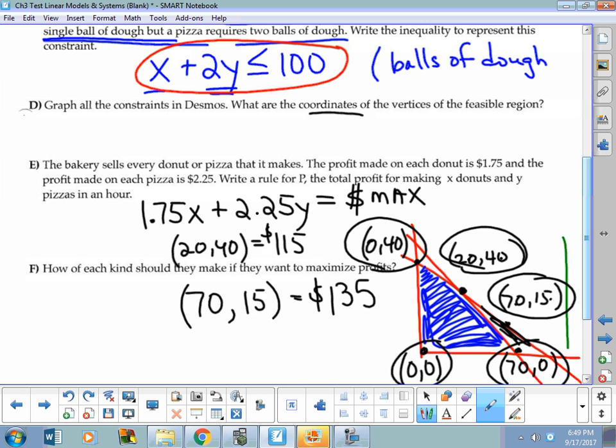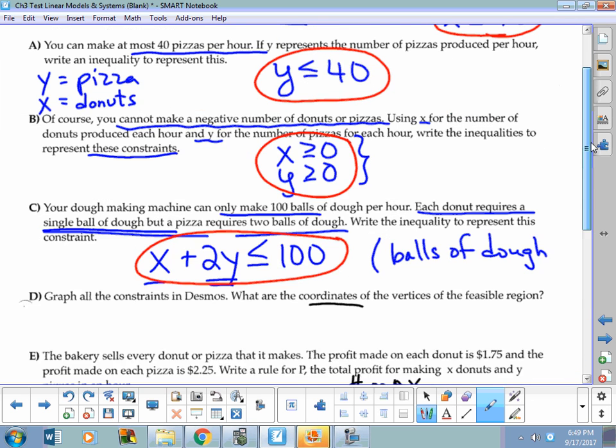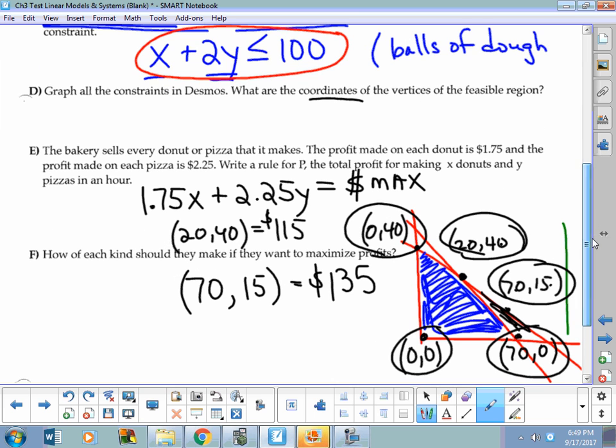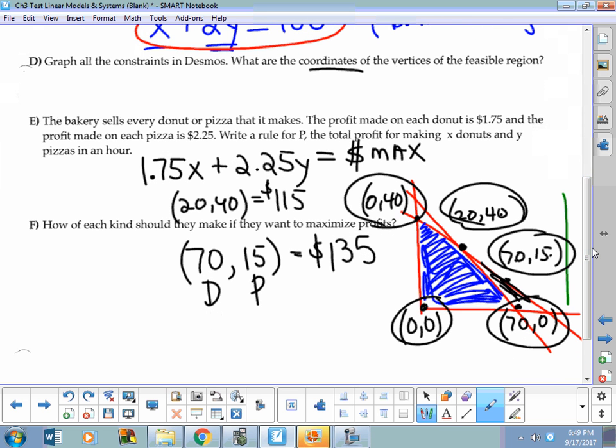So they should make 70 donuts, and check which one was which. 70 donuts and 15 pizzas, and there's no better combination. You can't make more than 70 donuts, remember. So, like anything else, I was about way out here. Way out here, this is like a hundred, comma 0, and some people were thinking, well, maybe it could be that, but remember you've got a constraint. The x number can't go over 70. All right, there's that.